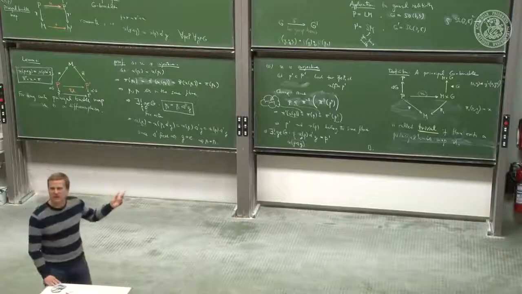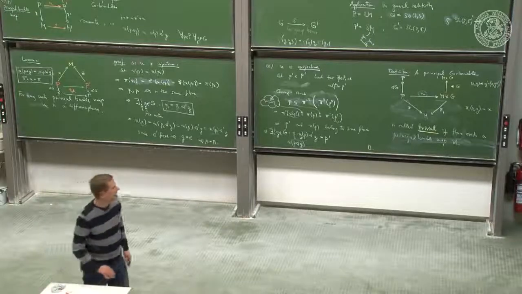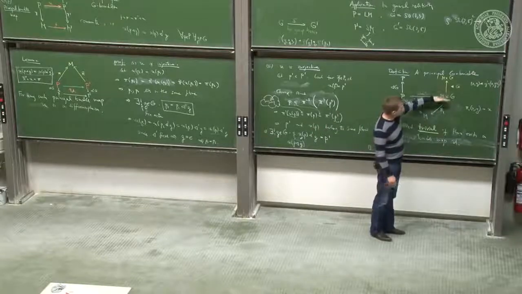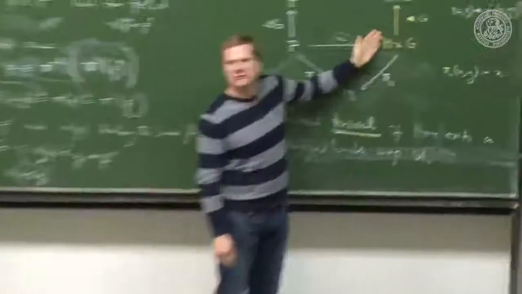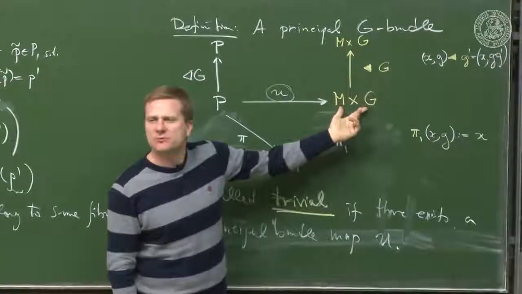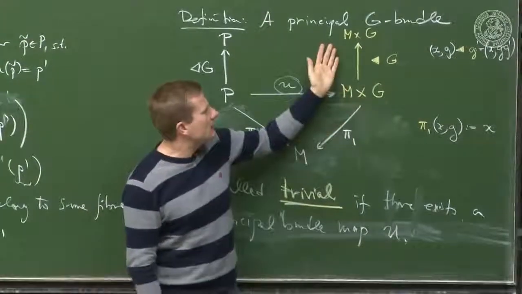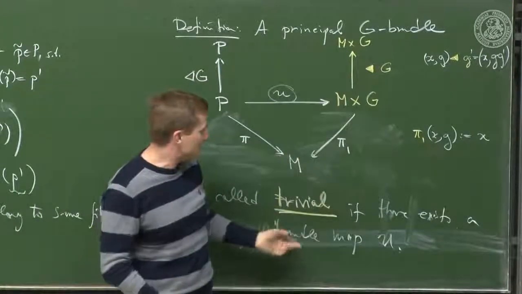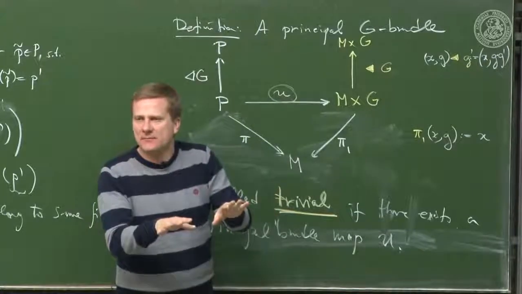Are there any questions so far? Yeah? Trivial means that always the same fiber is attached. So if you just look at the yellow part of it, including this map down here, this is something you would call a trivial bundle because it's made of a Cartesian product. So the right side is a trivial bundle, but you call any bundle that's diffeomorphic to it, as a principal bundle, essentially the same.